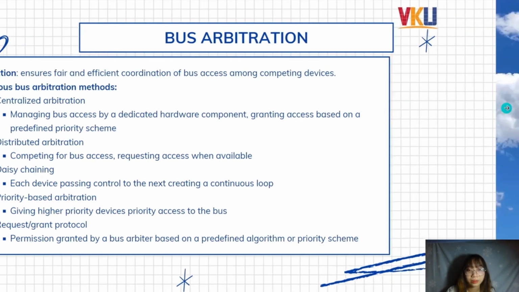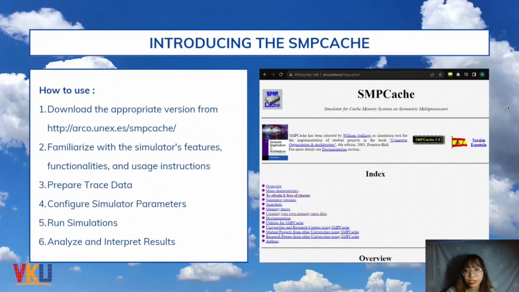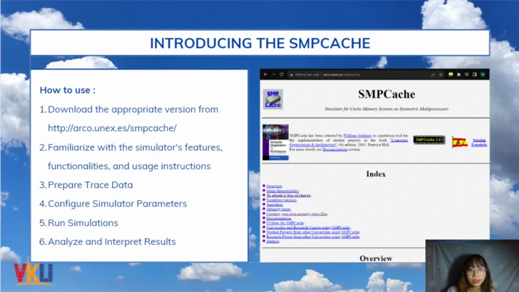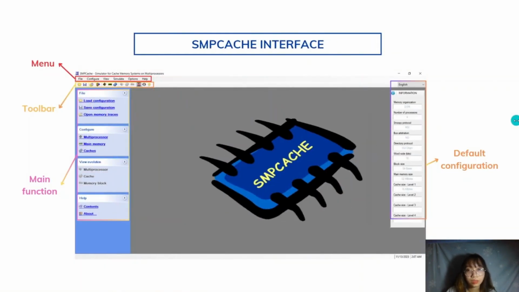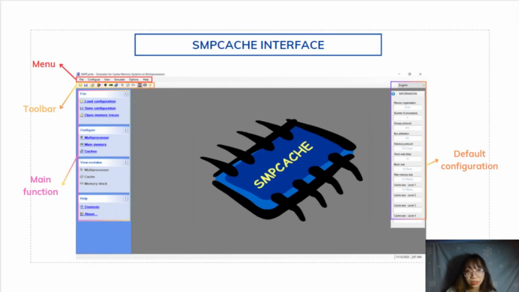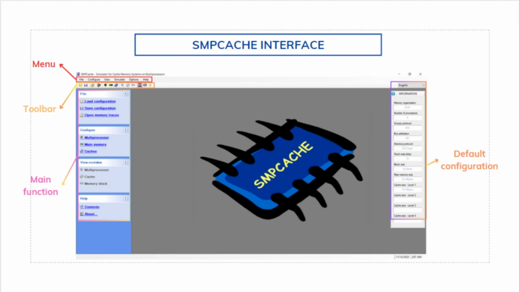And now I'm introducing the SMP cache simulator. First we come to how to use this simulator. Firstly, we need to get this simulator on our computers; we can download the appropriate version from the link here. So this is the interface of the SMP cache simulator for cache memory systems on multiprocessors.